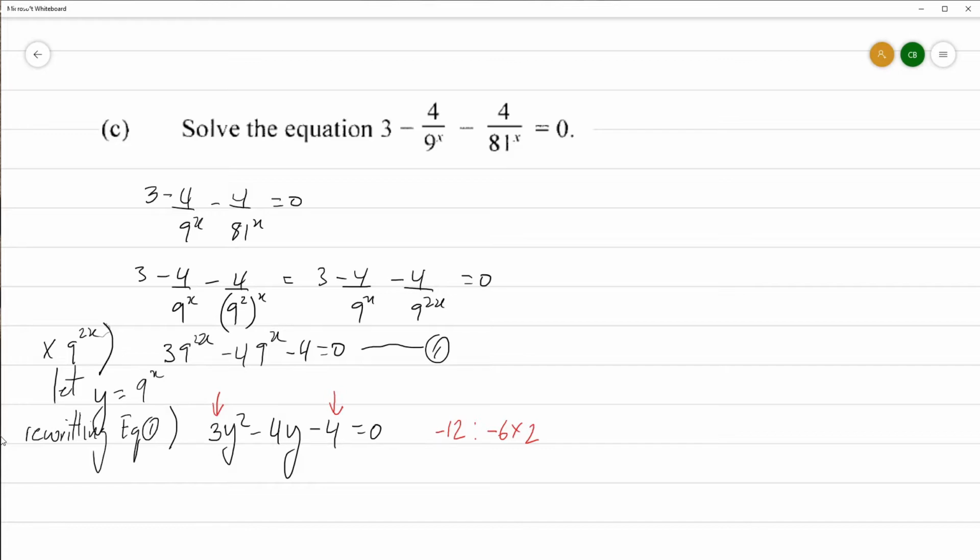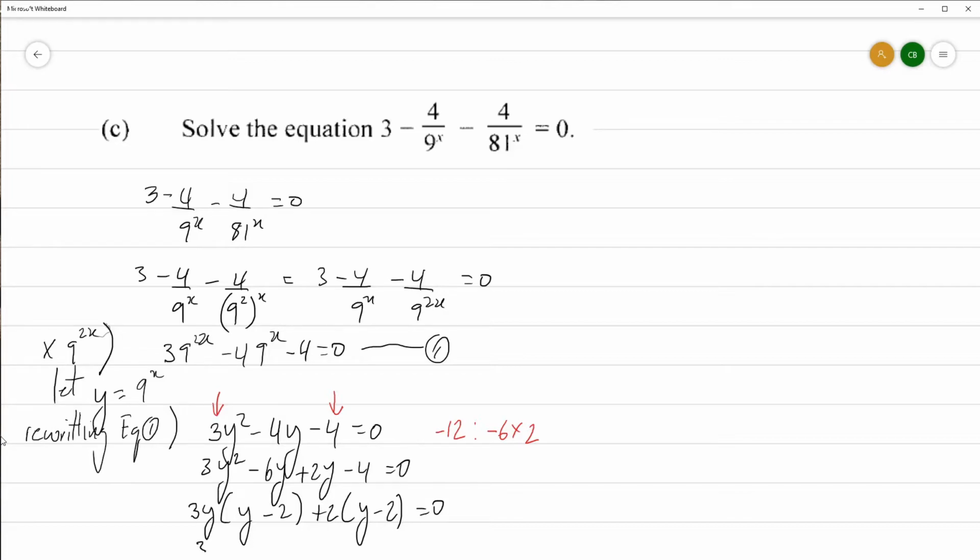So I would say 3y squared minus 6y plus 2y minus 4 is 0. So here, when we factorize out, let's take out 3y. So that leaves us with y minus 2. Over here, let's take out a 2. Y minus 2.